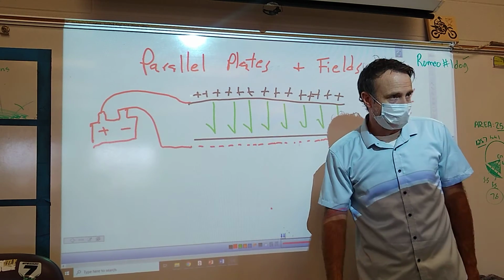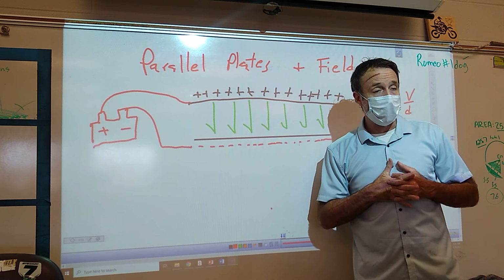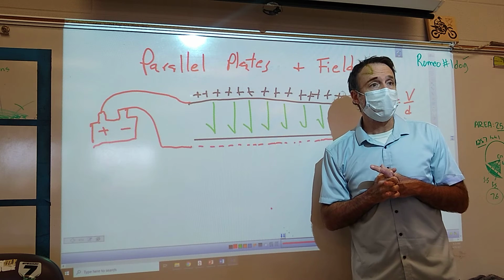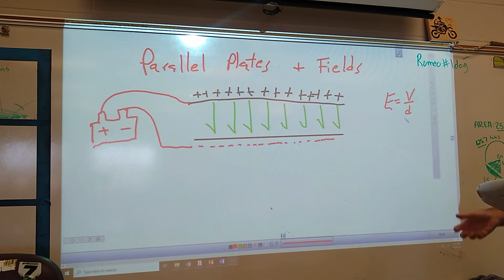Batteries can do work. Batteries can do work for us. A volt is a joule per coulomb. Okay? So ready? A volt is a joule per coulomb. So a 1 volt battery can do 1 joule of work if it moves 1 coulomb of charge.